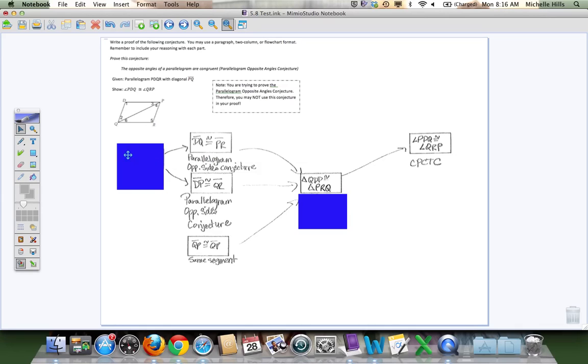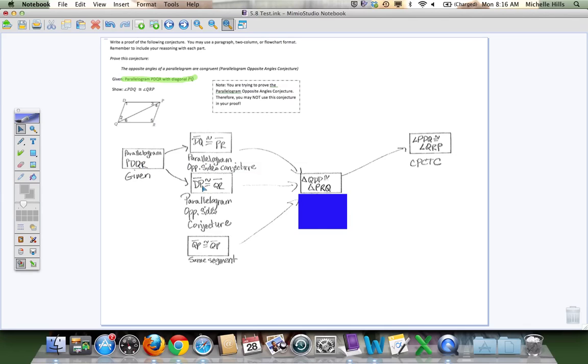And also, you should always, always, always, always use your given in your proof. So I can't use the parallelogram opposite side conjecture unless I have first demonstrated that I'm working with a parallelogram. So first I'm working with a parallelogram that's given. Because it's a parallelogram, which is why these arrows are going where they're going, I'm able to say these two sides are congruent using this conjecture.